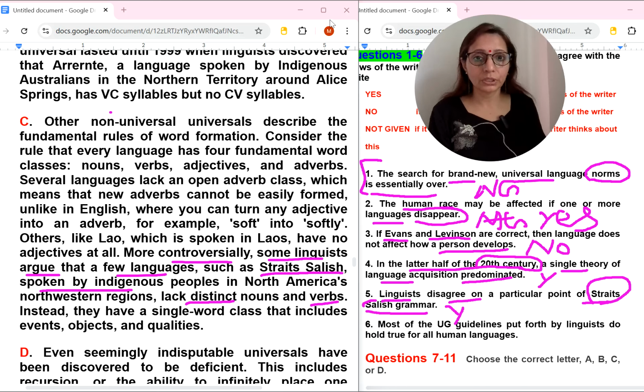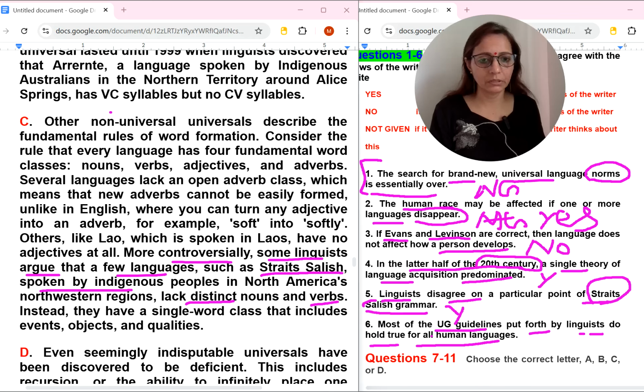Now next question. Most of the UG guidelines put forth by linguists do not hold true for all languages. Most of them. Now this is an important word to notice. So UG guidelines, where will we get that, that's the more important point.